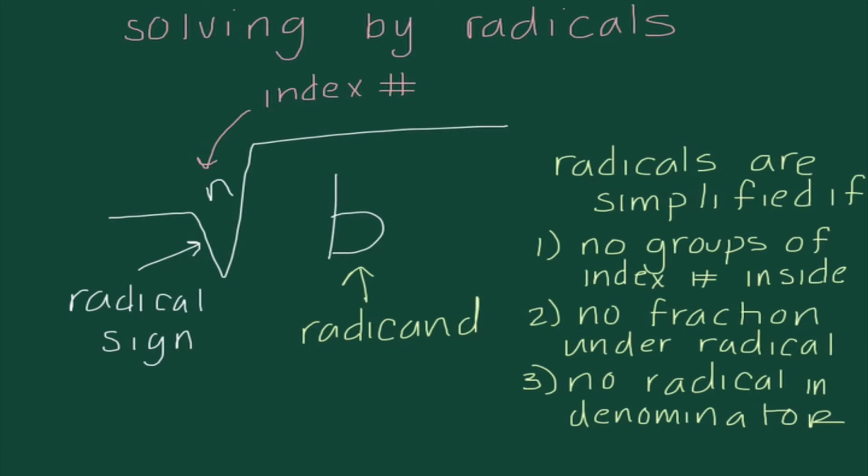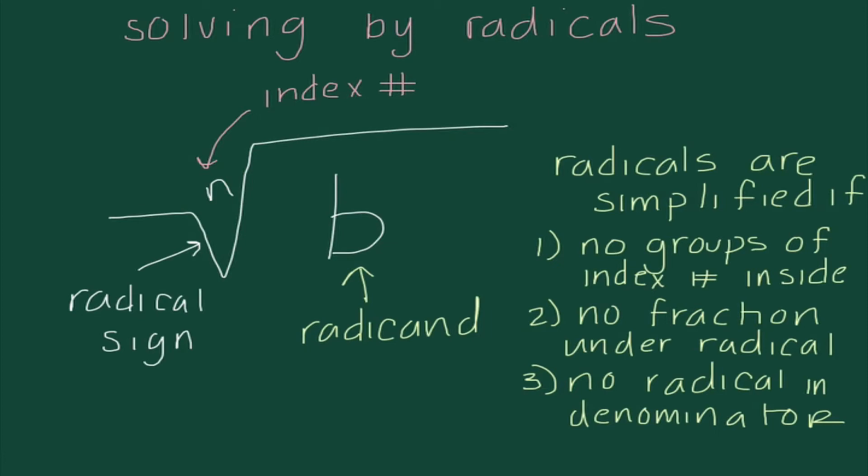And we have 3 basic rules about simplifying radicals. Number 1, no groups of the index number can be left inside. So what that means, if my index number is 2, I can't have a pair of numbers inside our radical. If our index number was 3, I couldn't have 3 numbers inside our radical that were the same.